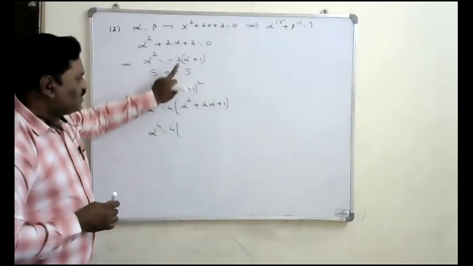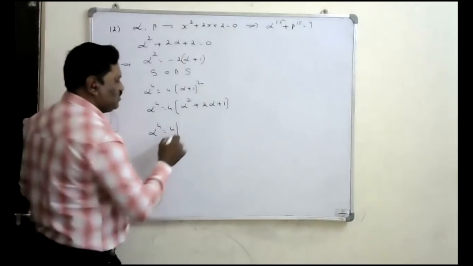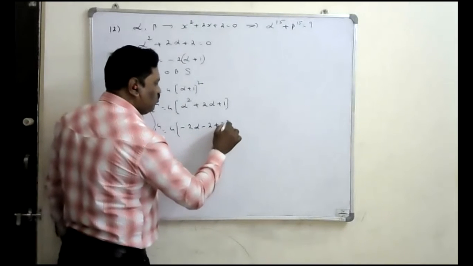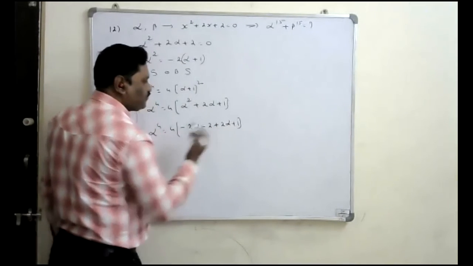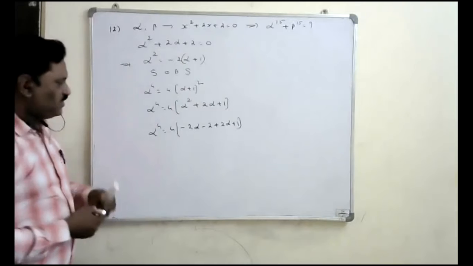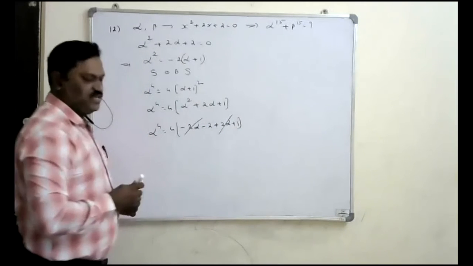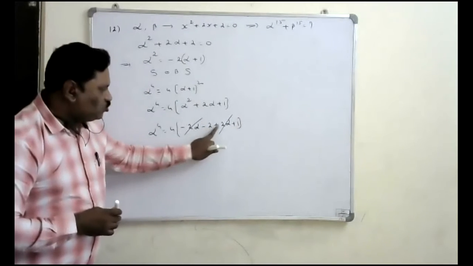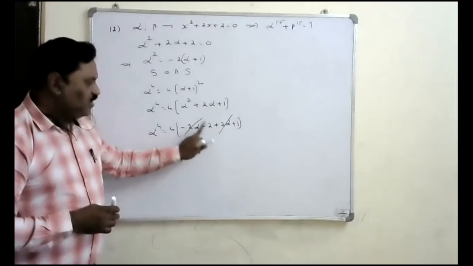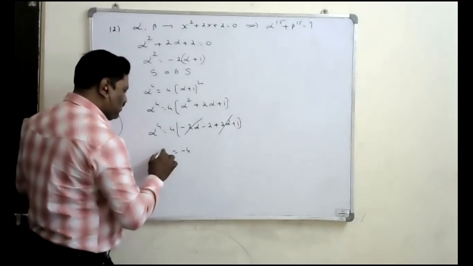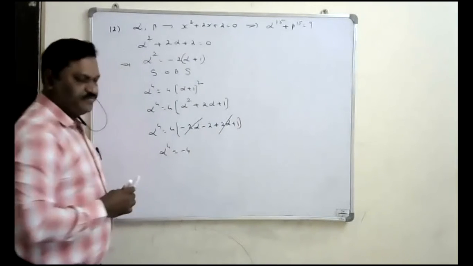So in the place of alpha square, I substitute minus 2 alpha minus 2, plus 2 alpha plus 1. Minus 2 alpha plus 2 alpha gets cancelled. The remaining is minus 2 plus 1, that is minus 1, into 4, that is minus 4. This is the value of alpha power 4.